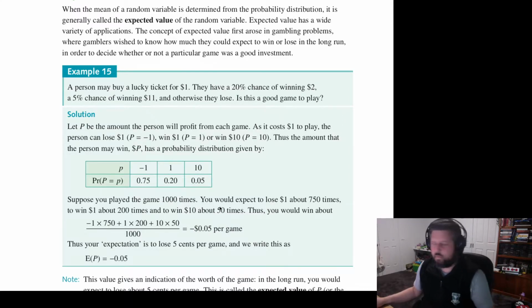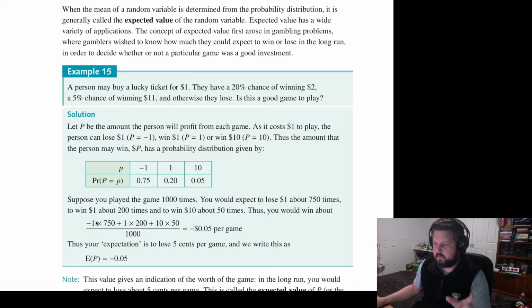Now, the way in which you can work out the expected amount in the long run here is we're going to multiply each of these by those probabilities. So here, we multiply -1 by the 750. We're multiplying the 1 by 200 times, and we're multiplying the 10 by the 50 times.